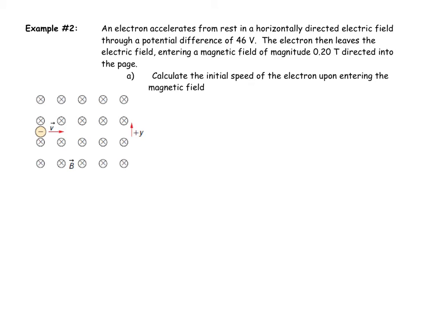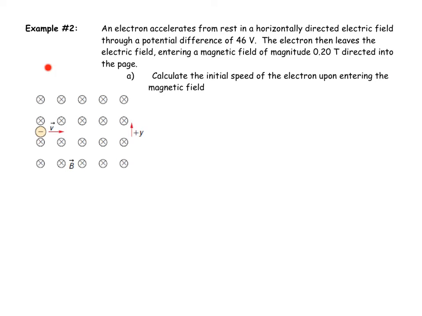All right, so let's take a look at this example. It reads: an electron accelerates from rest in a horizontally directed electric field through a potential difference of 46 volts. The electron then leaves its electric field, entering a magnetic field of magnitude 0.20 teslas directed into the page.